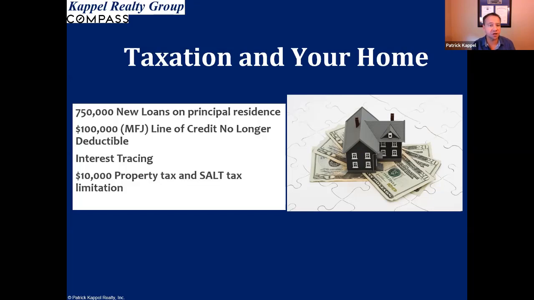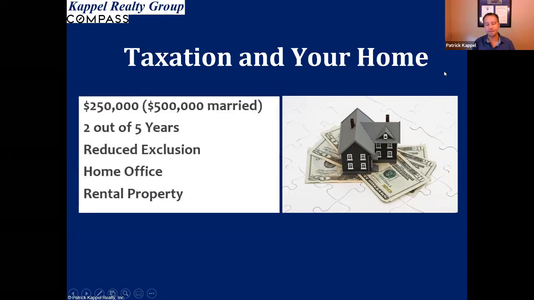You can find a lot of articles written by CPAs, written by accounting firms about your mortgage interest deduction limits, about SALT tax limitations, and about interest tracing. So if these things aren't clicking 100%, research them, dive more into them. But this is some very basic stuff that as a realtor, you should be able to speak with your client about, especially the interest deduction portion and the fact it's capped now at $750,000.